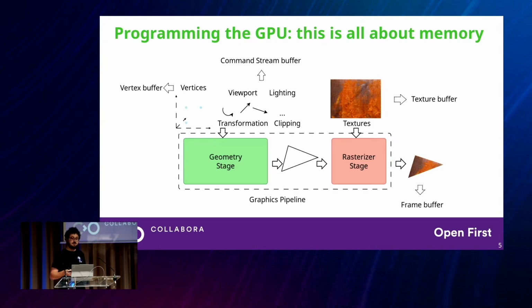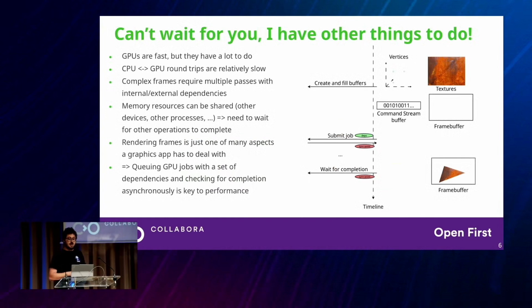Pipeline configuration, everything goes into what we call a command stream buffer. Those are describing commands that instruct the GPU to reconfigure the GPU pipeline. Texture buffer. And the buffer where you store the final image that you're going to display on the screen, that's called the frame buffer. So basically everything is a buffer there.